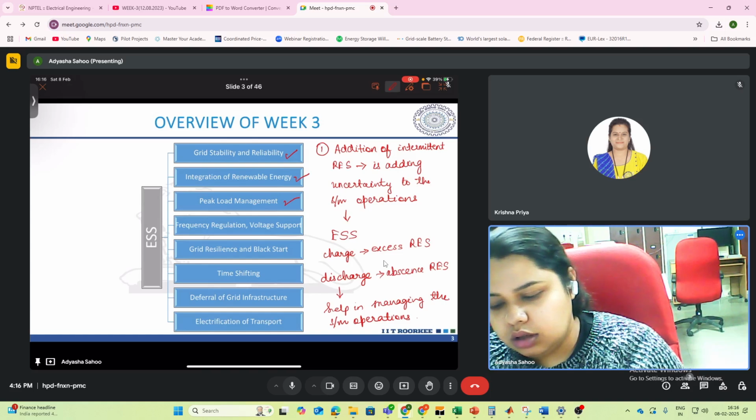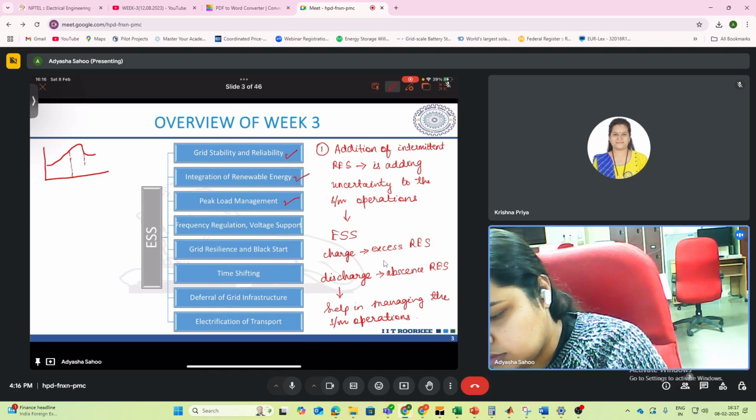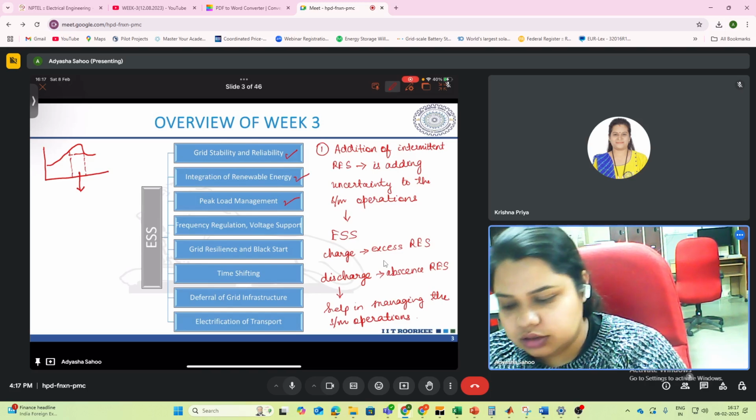Then peak load management. This we have seen previously also. During the hours of peak load, what can the storage do? Should it charge or discharge?